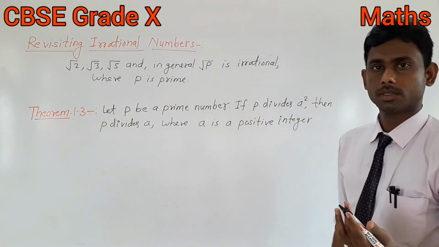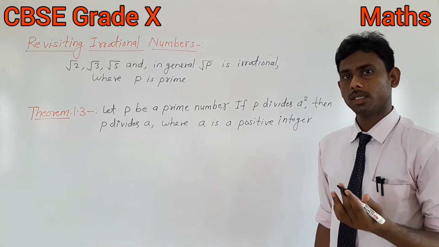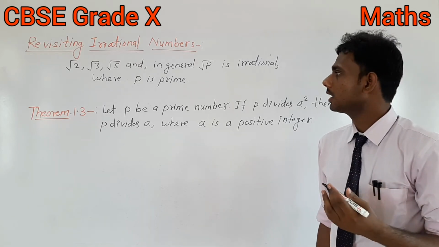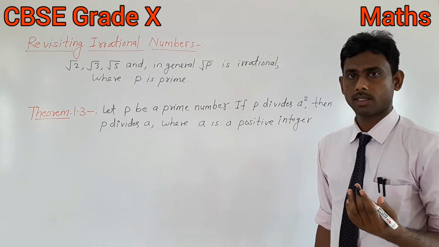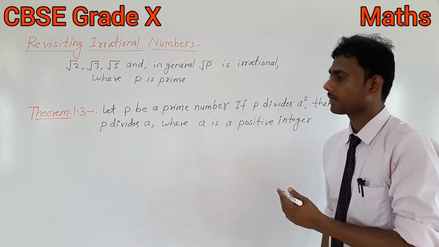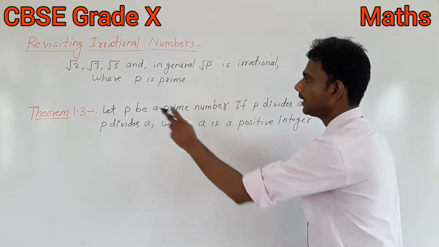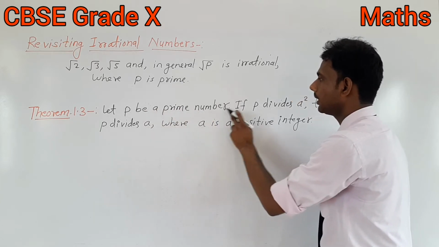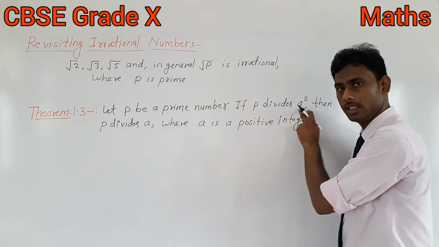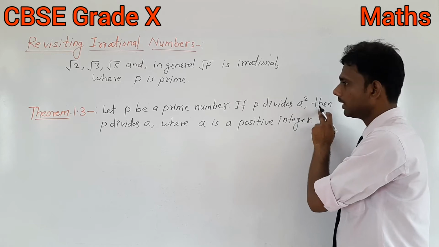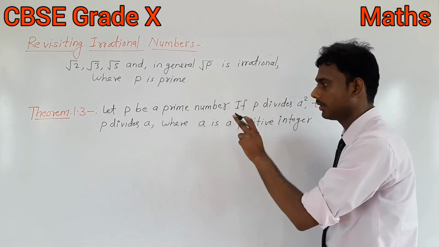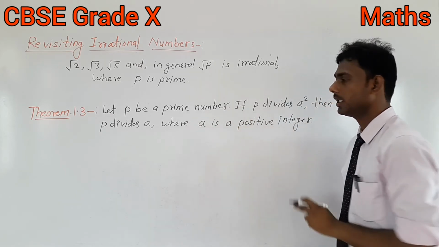One of the theorems we use in our proof is the fundamental theorem of arithmetic. Let's see theorem 1.3. The statement: let p be a prime number. If p divides a square, then p divides a, where a is a positive integer.